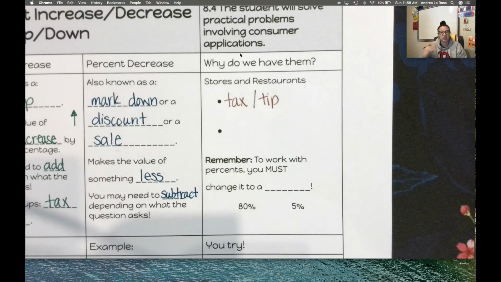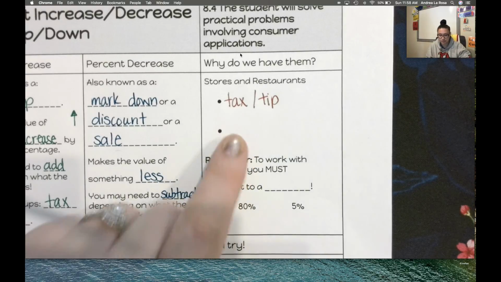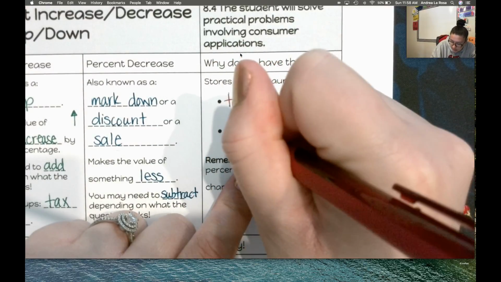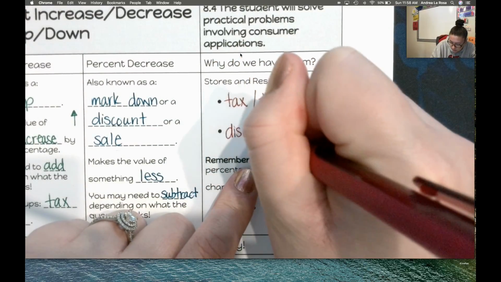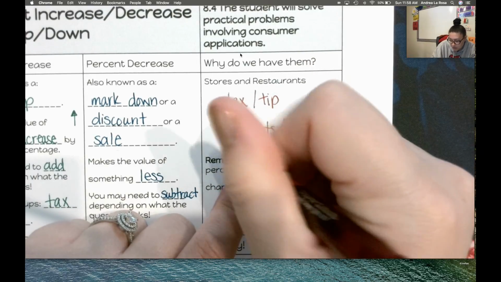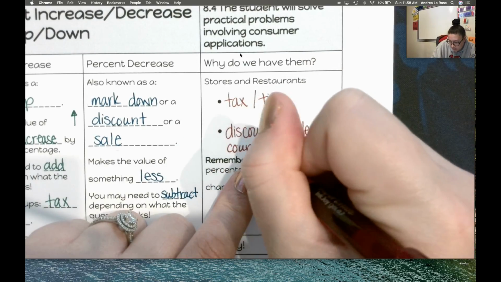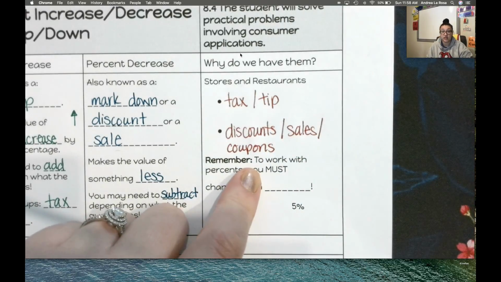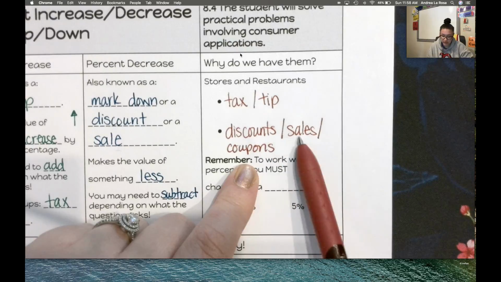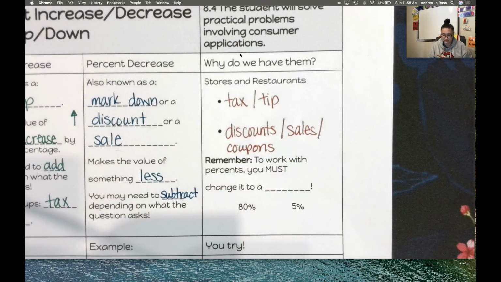It's kind of a little bit of a motivation for them. We also see them as discounts, like we talked about, or sales, or coupons. I know I like to buy things on discounts. I like to save money, and that's how we do it, with discount sales and coupons.